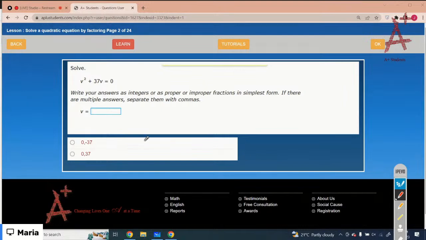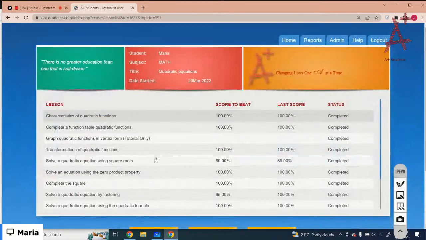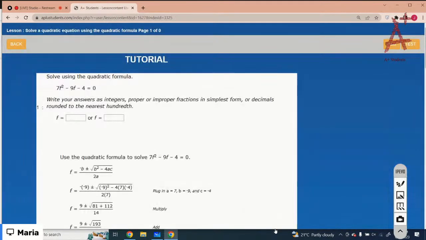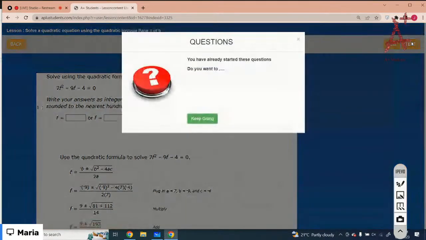Okay, now we're going to learn how to solve the quadratic equation by using the quadratic formula. Okay, solve a quadratic equation by using the quadratic formula. Okay, so you are given with the equation, but let's do a practice question.